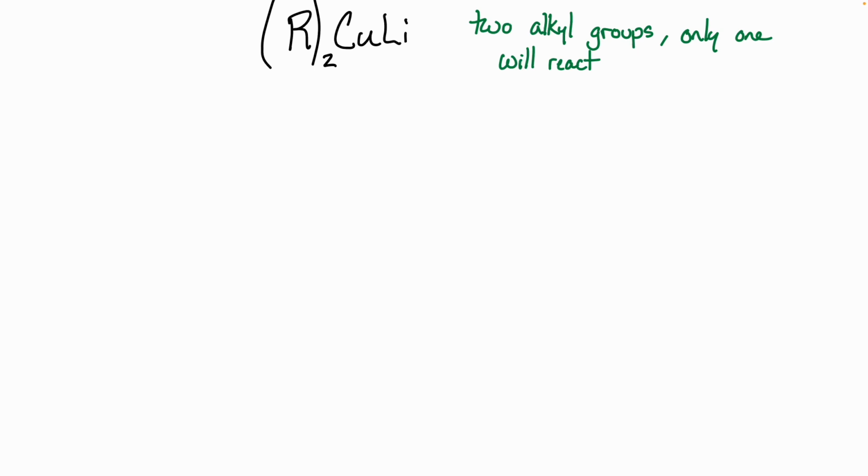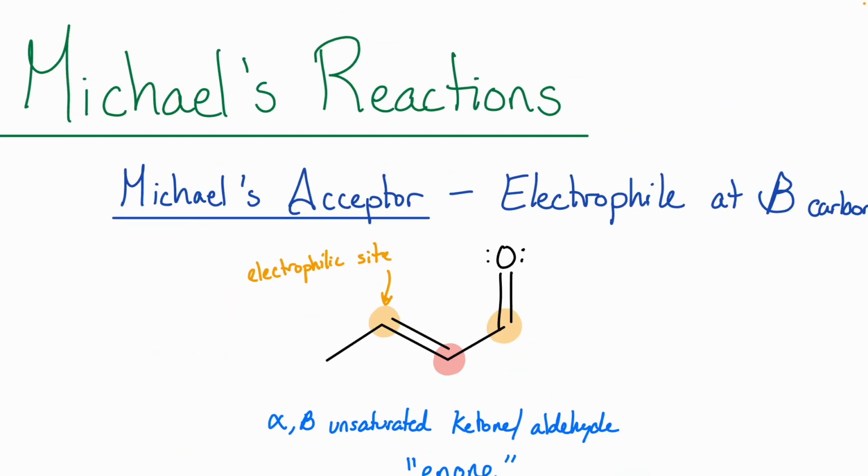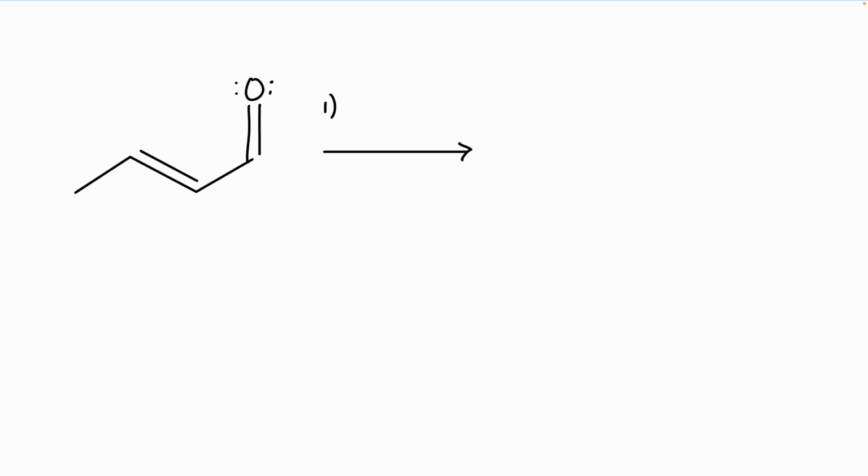All right, so let's take a look at a specific reaction here. We're going to take our alpha beta unsaturated aldehyde here, and we're going to treat it with a 2-carbon Gilman reagent.